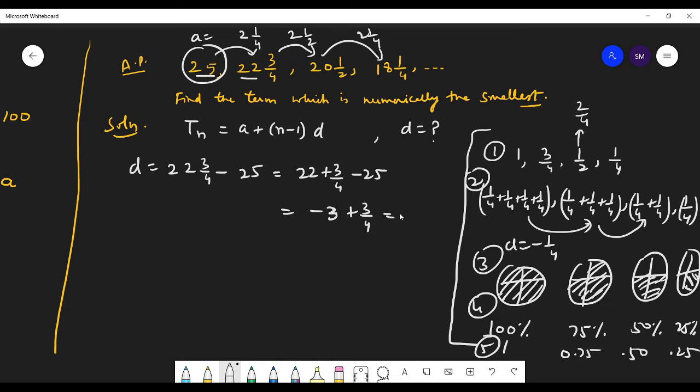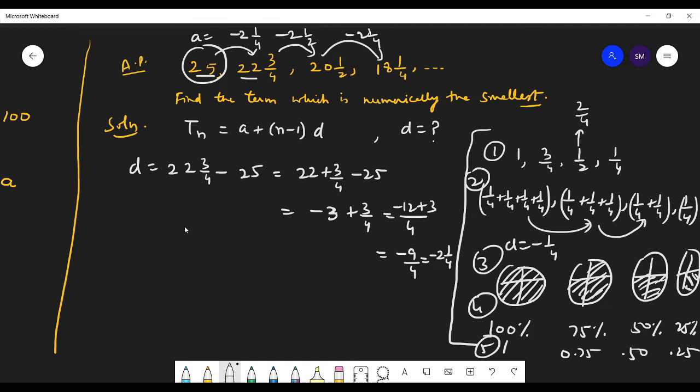So minus 3 plus 3 by 4. Again you will get 4 as LCM. Minus 12 plus 3. So what do you get? Minus 9 upon 4. And that is equal to minus 2 1 by 4. So that's minus 2 1 by 4.